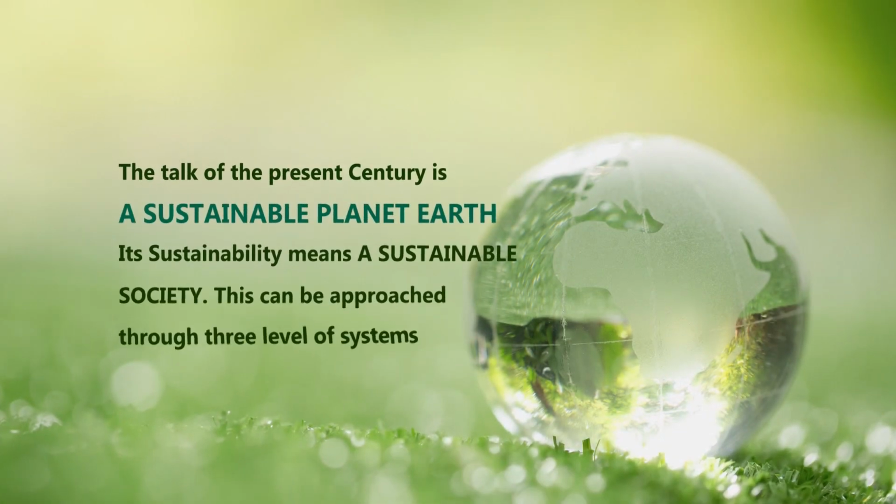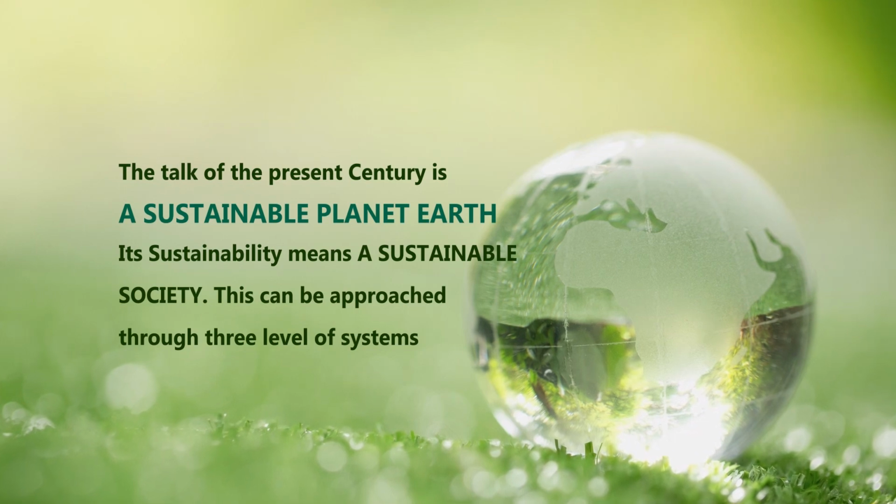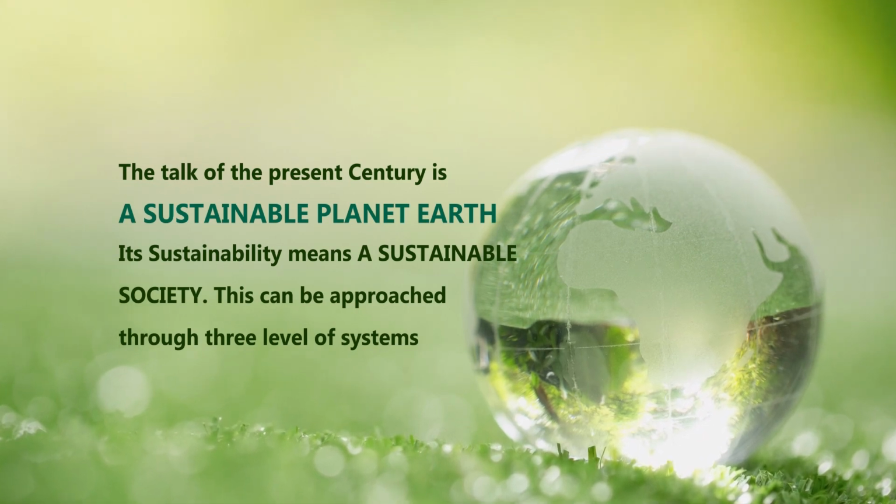As you know, today, if you look at what is happening around, as an ecologist, or a sociologist, or an academic, a scientist, policymakers, planners, we have seen that the talk of the century is a sustainable planet Earth.